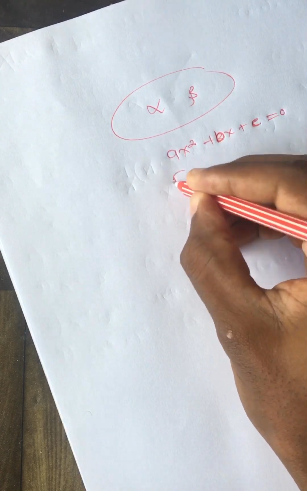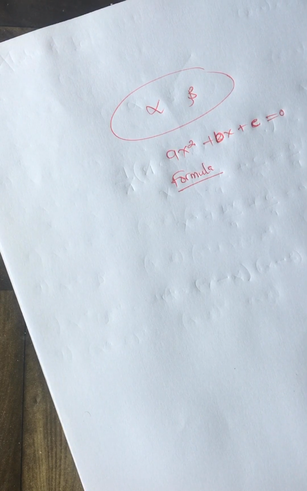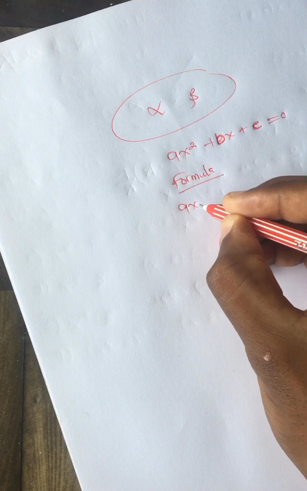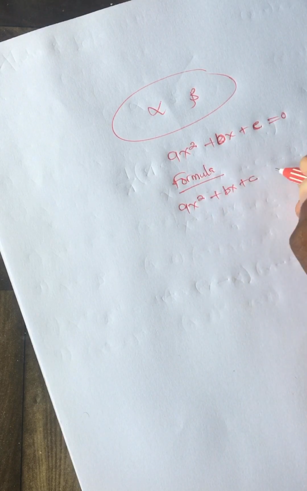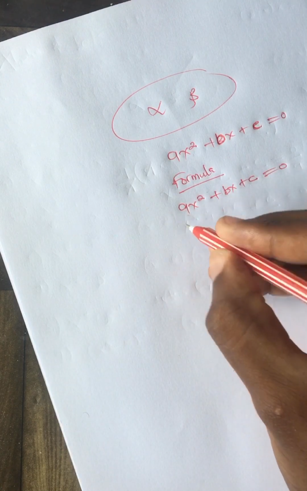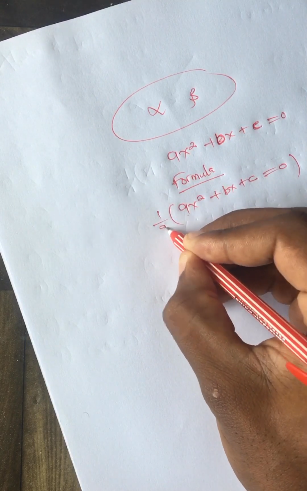Okay, so now we can derive the formula. Say ax squared plus bx plus c is equal to 0. Then we can get rid of the coefficient of x squared by multiplying the entire equation by 1 over a.